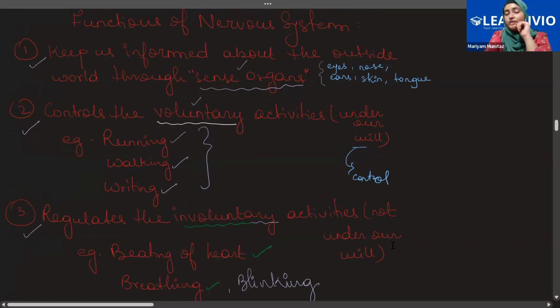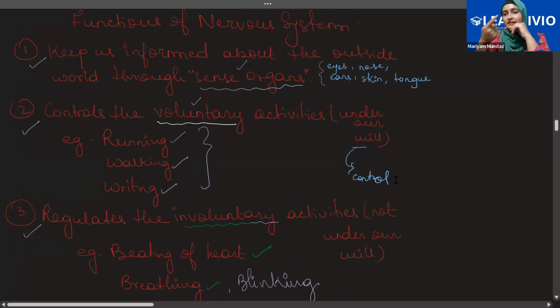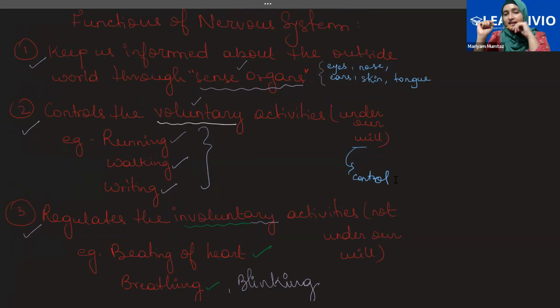How many sense organs do we have, students? Five sense organs: eyes, ears, nose, skin, and tongue. They help us to be informed about the world around us. This is the first and the most important function of the nervous system.